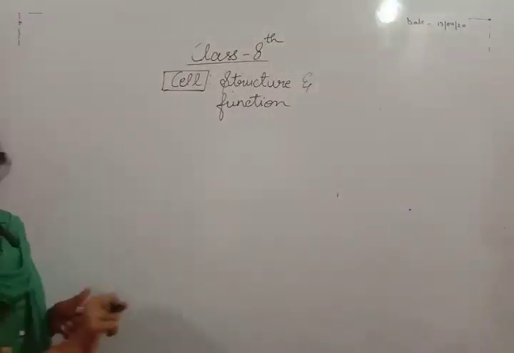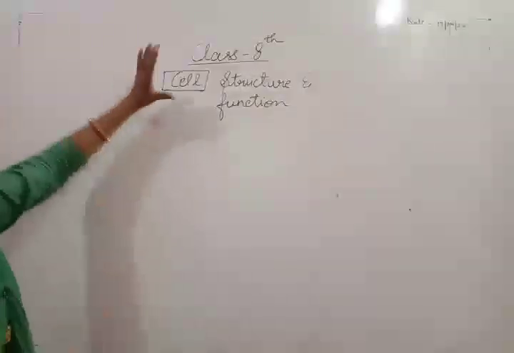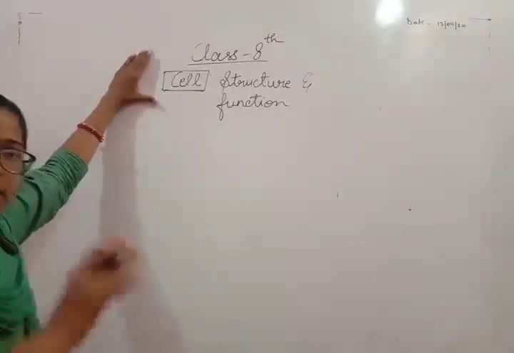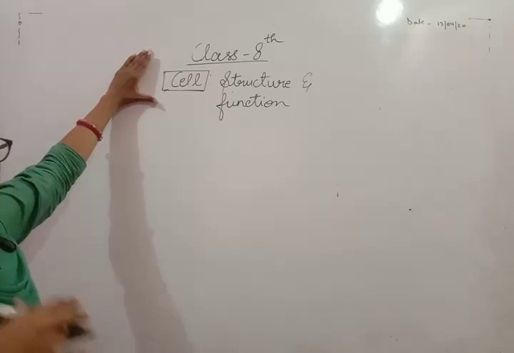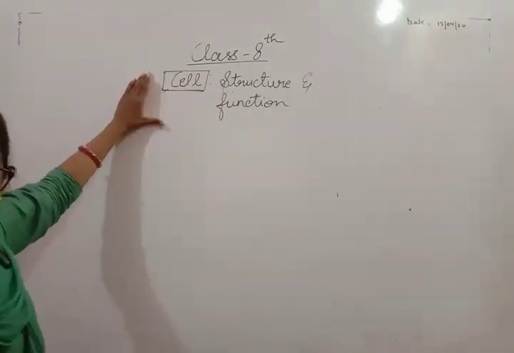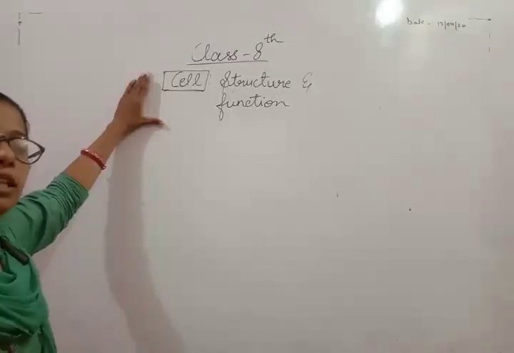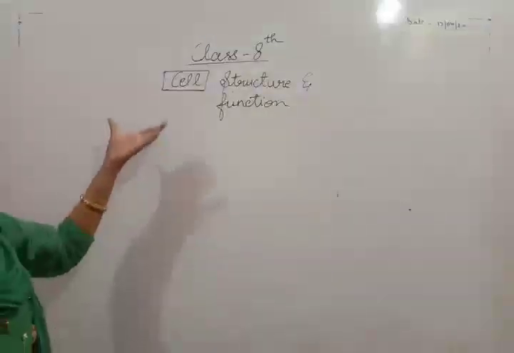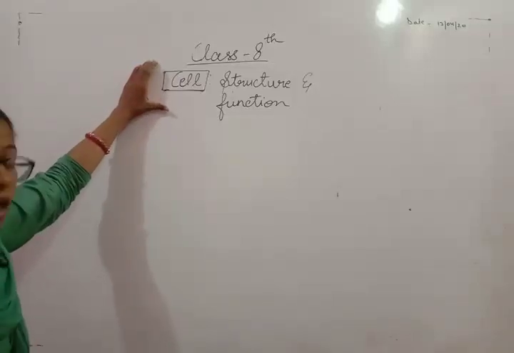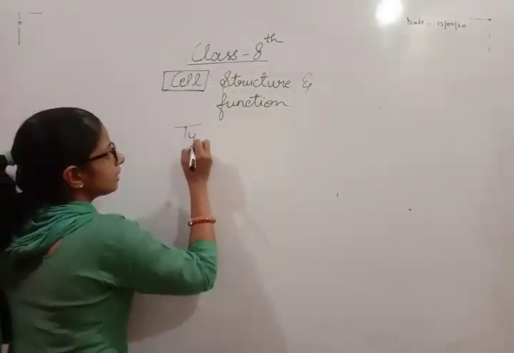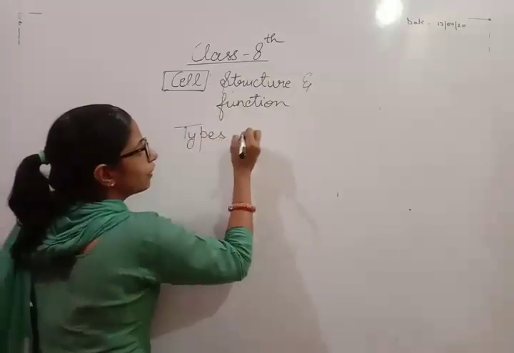Okay, now we have discussed who discovered cell, Robert Hooke in 1665, and types of organisms on the basis of number of cells, unicellular and multicellular. Then we have seen the definition of cell. Now we will see types of cell.